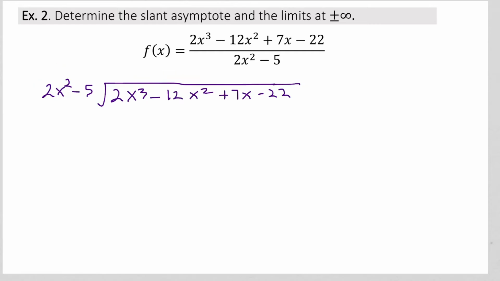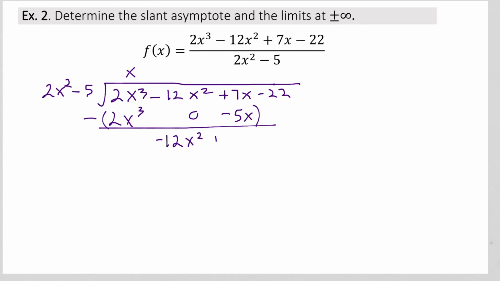So we get x, so that would be 2x cubed minus 5x. We'll put a 0 here for a placeholder. So we have negative 12x squared. 7 plus 5 is 12. Bring down. All right, then we're going to divide by negative 6.